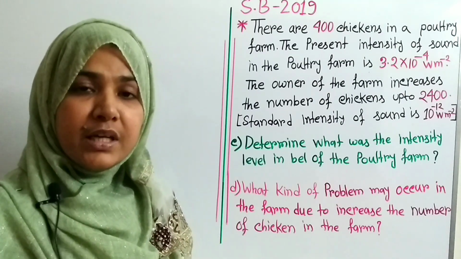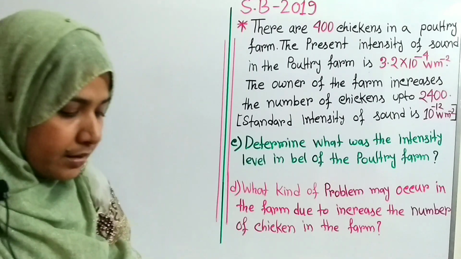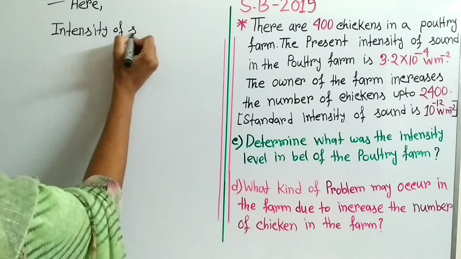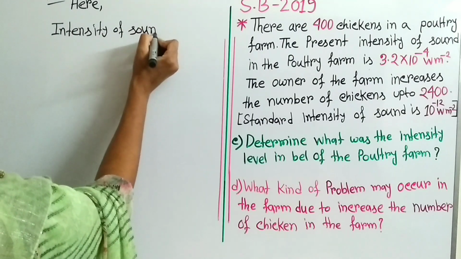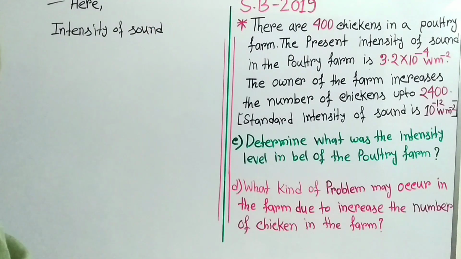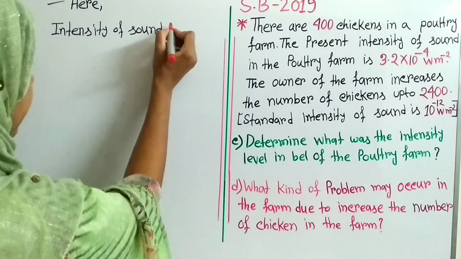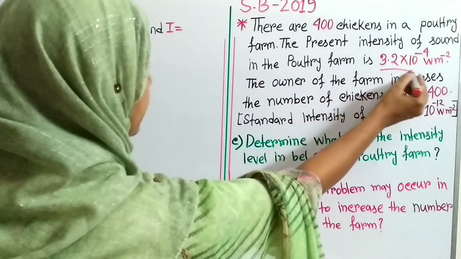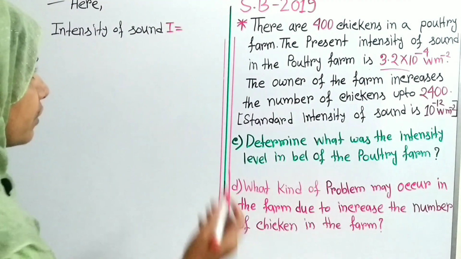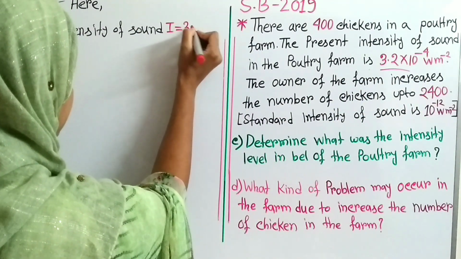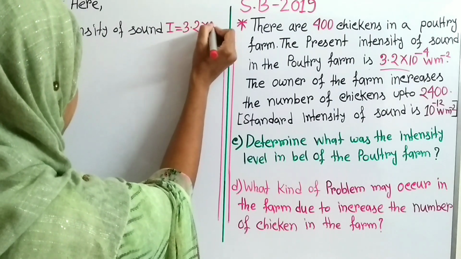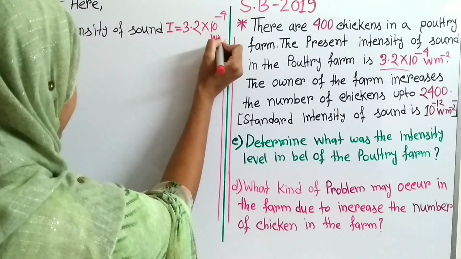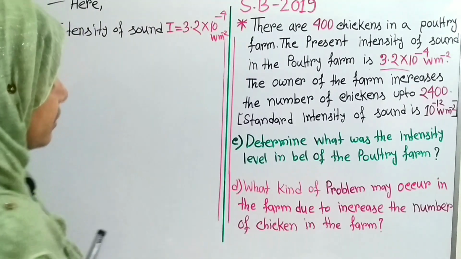So, here the given informations for question C are intensity of sound, which is denoted by I, and the value of I is given here, 3.2 into 10 inverse 4 watt per meter square.